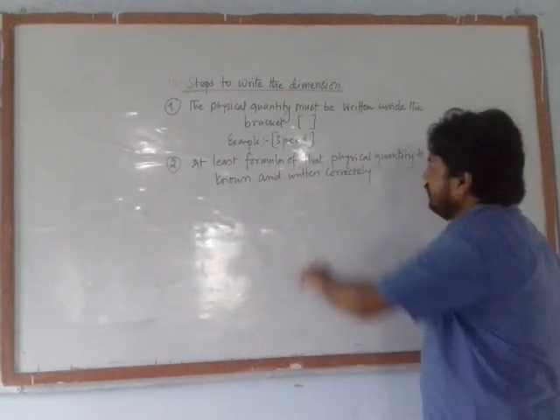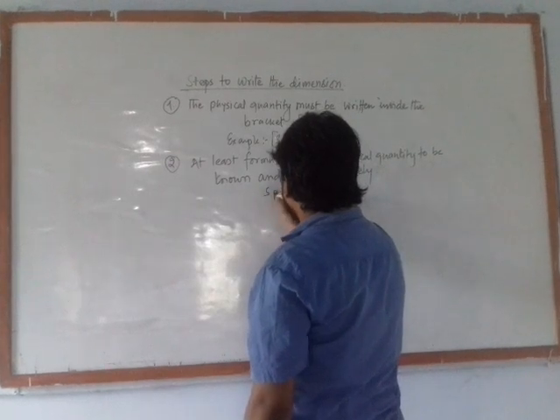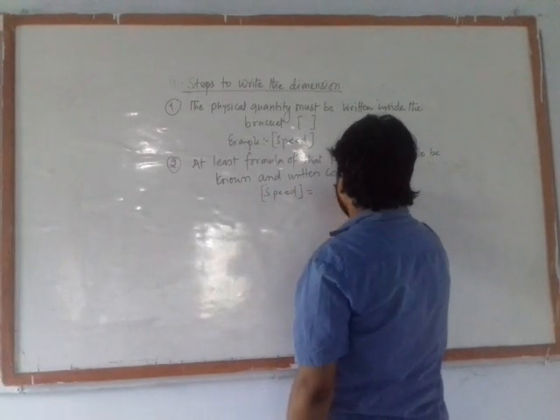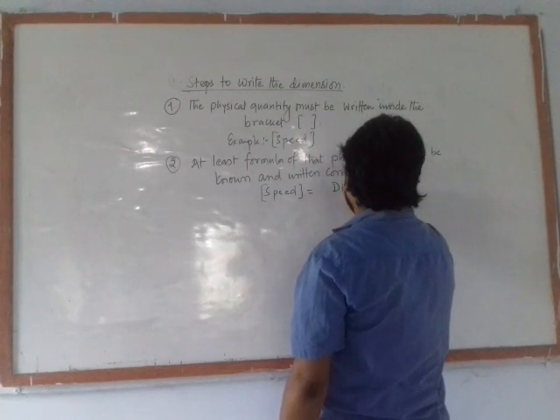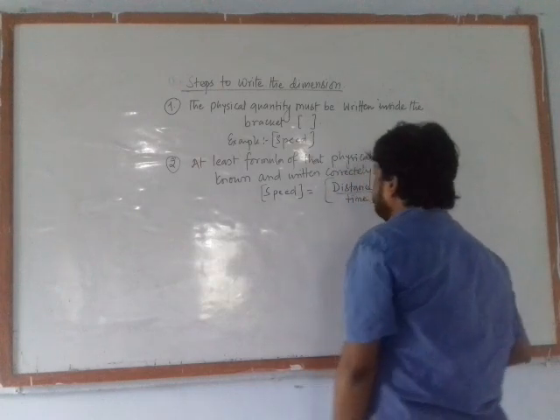So we have to write the formula for this speed. As for example, like this speed I have written here. So here the formula is distance by time.